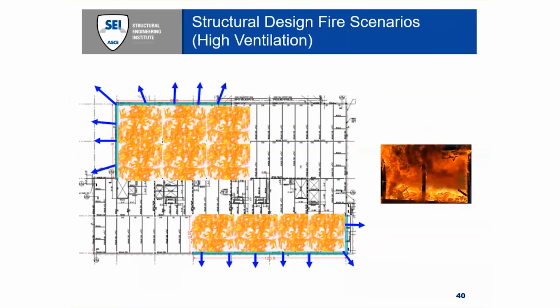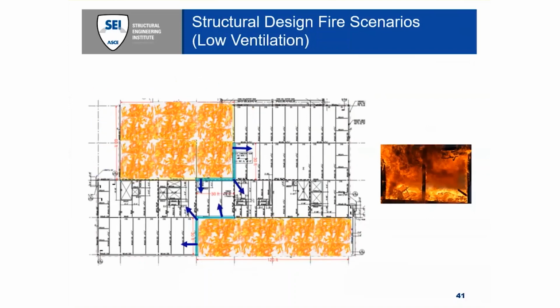Shown here are 2 scenarios where the fire causes complete window breakage, each representing what we characterize as a highly ventilated condition. Representing low ventilation conditions are shown here. These are 2 other scenarios in which the facade glazing does not break at all, because those are kind of randomized events.